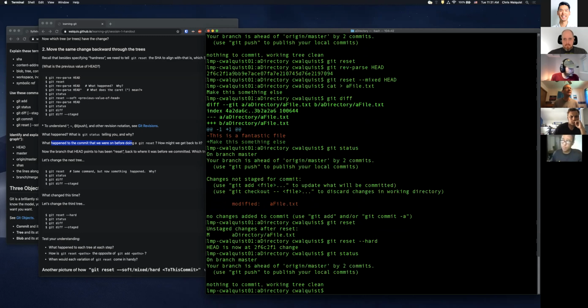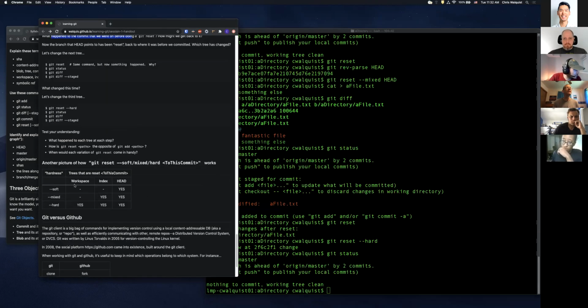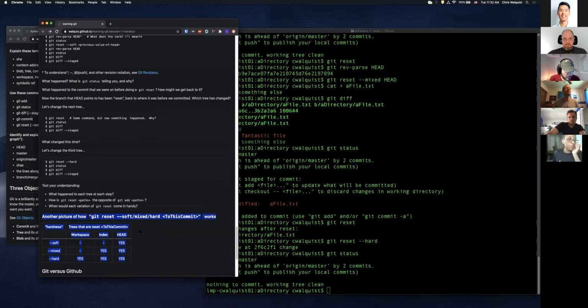I think that does it for this particular section here. I did add one more picture just to illustrate what's going on. So here, if you do soft, only head is changed. If you do mixed, head and index are changed.